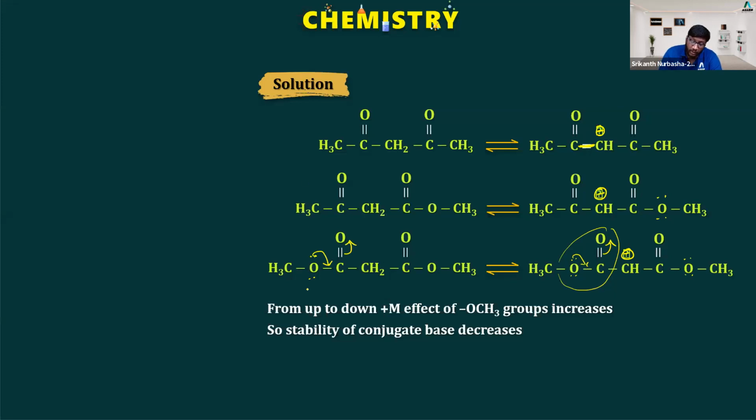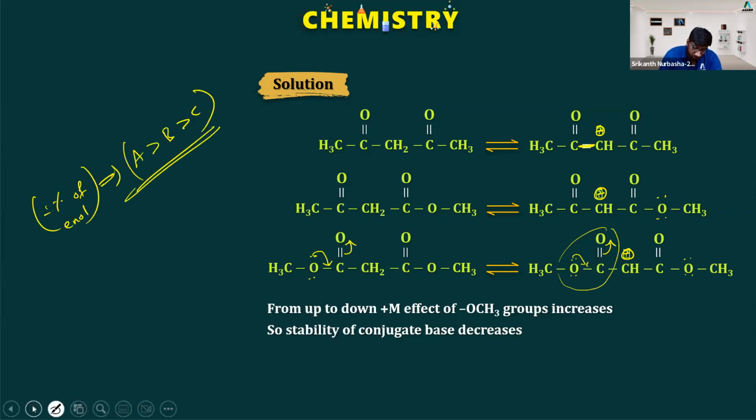So when you go 1, 2, 3 from up to down, the plus M effect of the OCH3 group increases, so the stability of the conjugate base decreases. So what is the percentage of enol content? The percentage of enol content will be A greater than B, then C. Right answer, because the lone pair of electrons on oxygen are also in resonance.